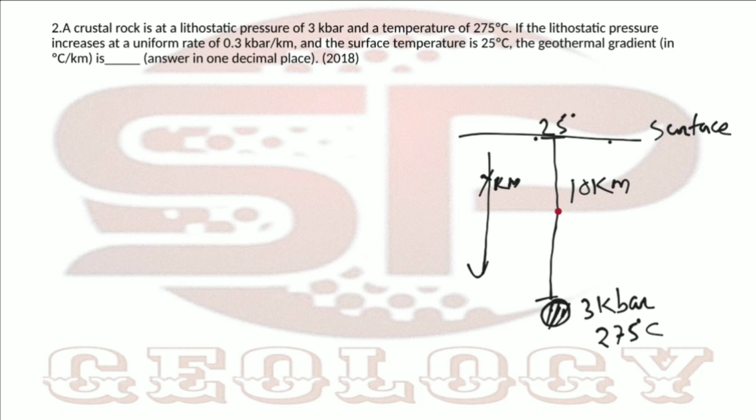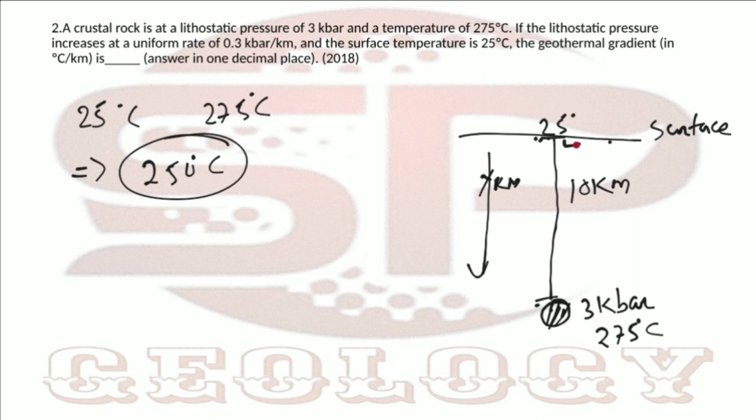So we have to calculate how much it is increasing from 25 to 275. At the surface it was 25 degrees. Now after 10 kilometer depth, the temperature is 275 degrees centigrade. So there is an increase of 250 degrees centigrade from the surface to the depth.